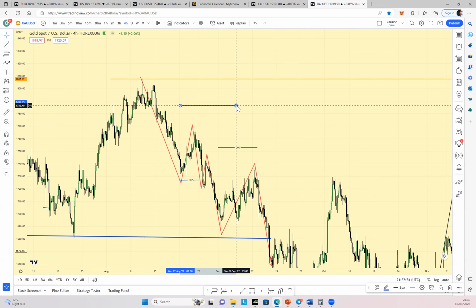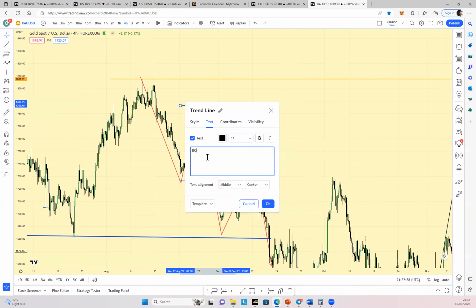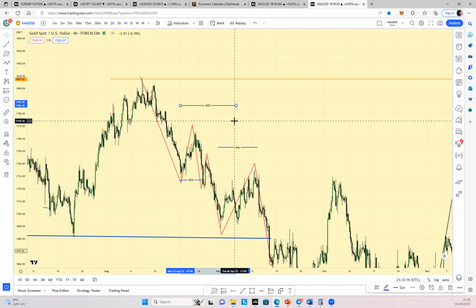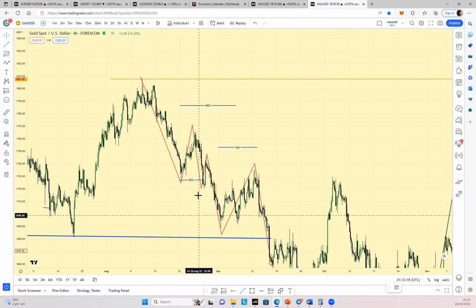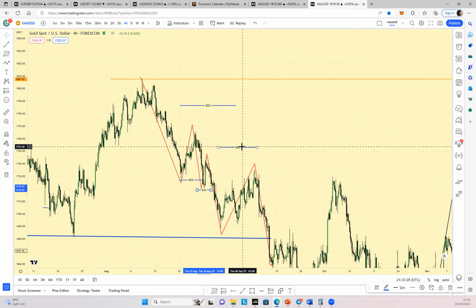So you draw your line, you right click, you go to settings, you type BOS, you go to template, you go to save as, you type BOS, you click on save, and then you click on OK. But I'm not going to do that because I already have the line. So next time, rather than typing break of structure, all you need to do is draw that line, right click, go to template, go to BOS, and the line will come out.